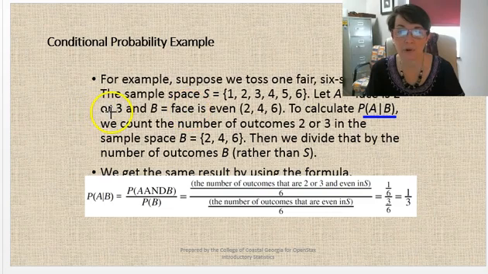It's going to be either a 2 or a 3 for the A, and instead of our whole sample space, we're just going to use the sample space of B, because what we're saying over here is the probability of A happening after B has happened. So we're going to have B be our sample pool, and then we're going to see what's the probability of A happening. Well, if you look at it, there's only one that is in both of those, right? So it is going to be that one, and there's only 3 possibilities, so it will be 1/3.